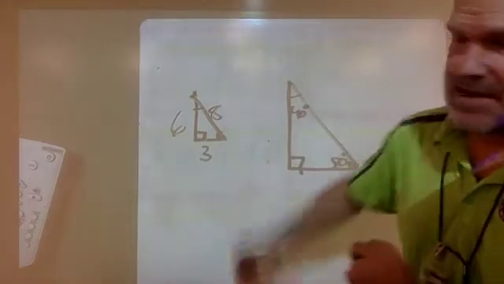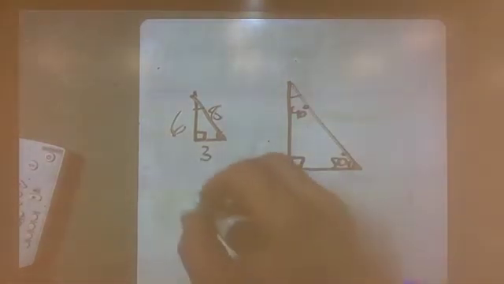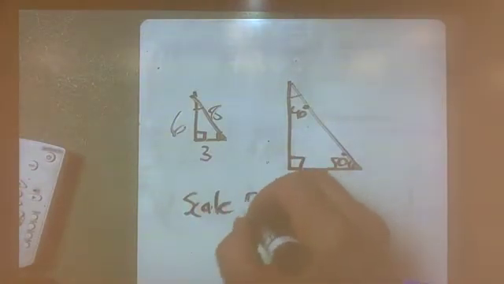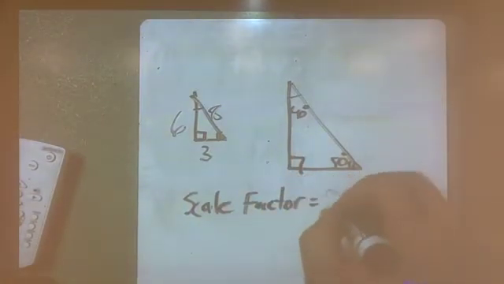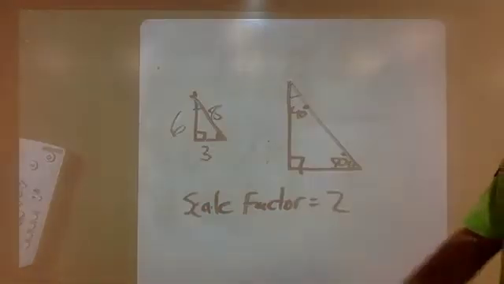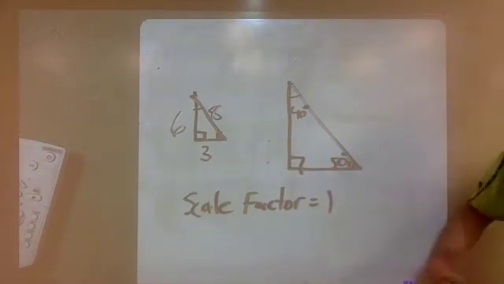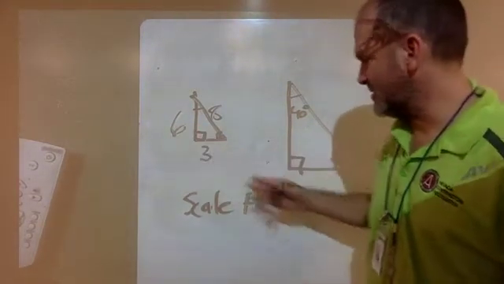All right, and let's say the scale factor is 2. 2 means that it got bigger. If the scale factor was equal to 1, that would mean it stayed the exact same size because you multiply these numbers by the scale factor.